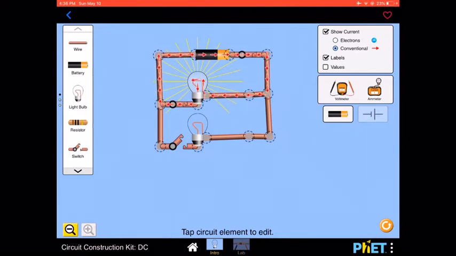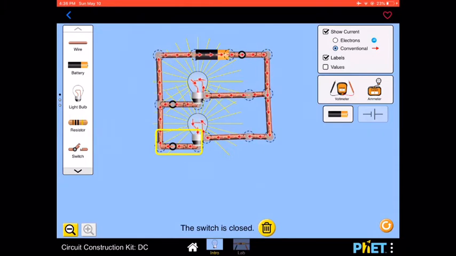The bottom bulb is not burning because that particular circuit is not complete, so it's not closed. So in order to close it, I will then close that switch and see the circuit is complete and the bulb burns.